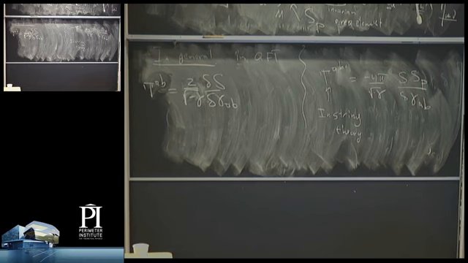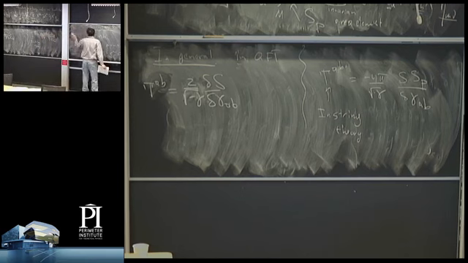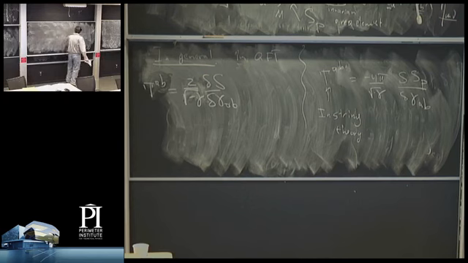So before we compute the stress energy tensor of this two-dimensional theory, where all we have to do is just vary with respect to the metric, I want to ask the question: what are the conditions on the stress energy tensor that are imposed by the symmetries of the action?